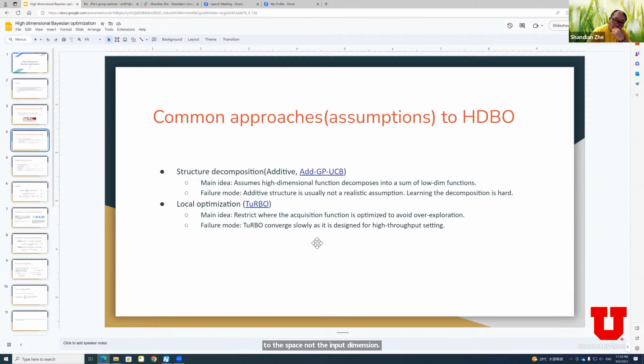I'm not clear. If you restrict the range of the variables, like a small hypercube, the GP is still placed on the function of all the input variables, right? Yeah, it computes the kernel function between, say, two 100 dimensional input vectors.